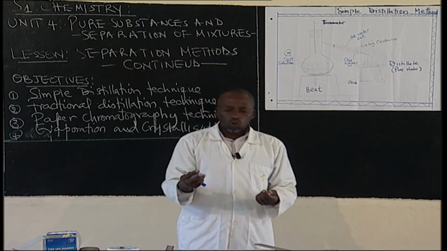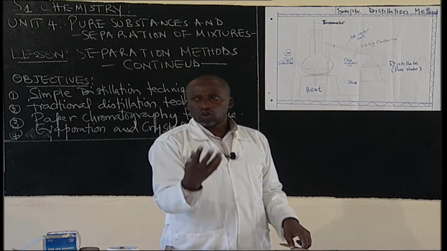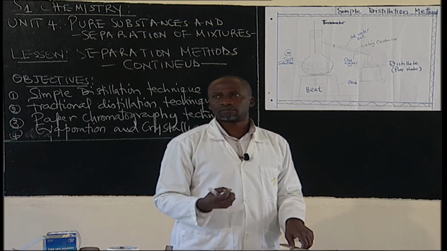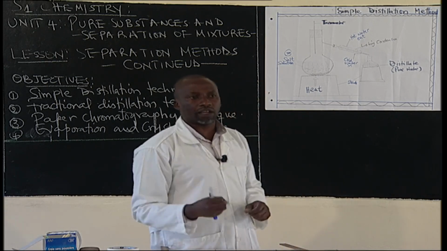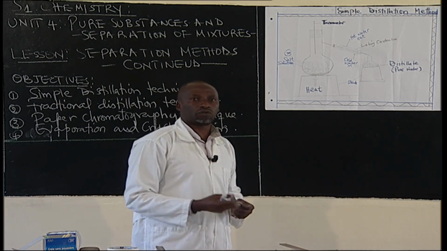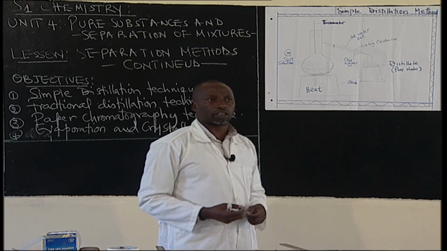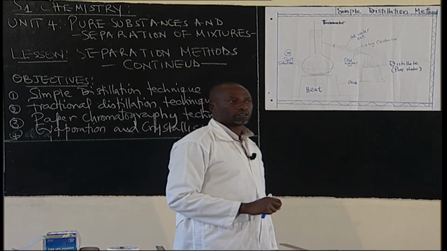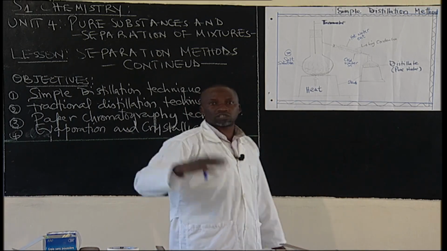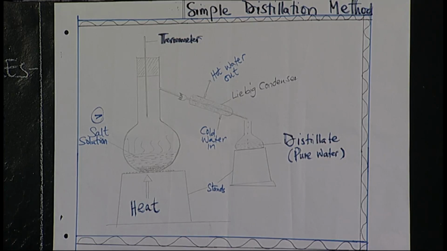Salt water is salty, and the taste of salt water is not good for drinking. So when you want to separate the water from seawater, which is salty, we use this simple distillation.